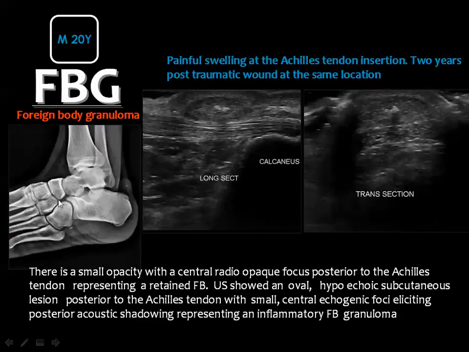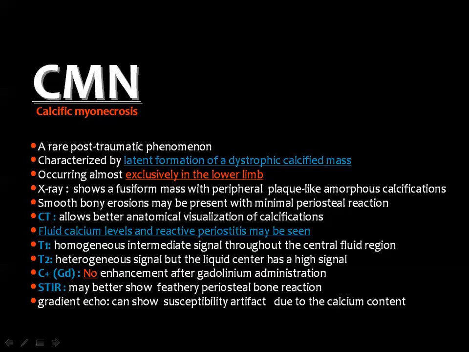And here in this X-ray, you see this radio-opaque foreign body in the distal part of the Achilles tendon, and by ultrasound you see the foreign body with acoustic shadowing, and you see a soft tissue mass around this foreign body, which is an indication of foreign body granuloma.